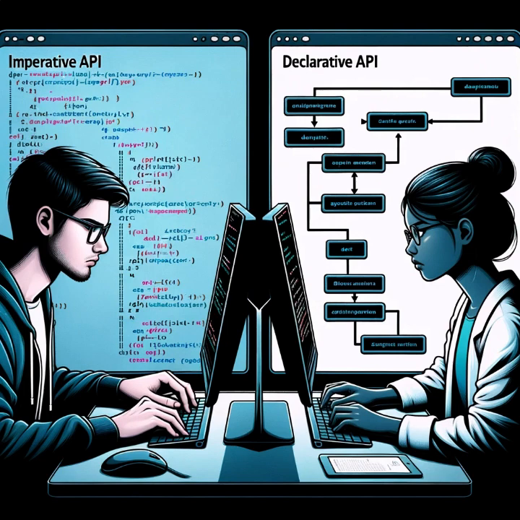In contrast to imperative APIs, declarative APIs are outcome-oriented. The developer expresses the desired end state, and the system handles the state management and order of operations. This higher-level abstraction often leads to more concise code. However, it can also hide complexities and be less flexible compared to imperative programming.